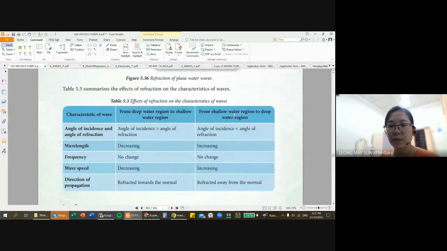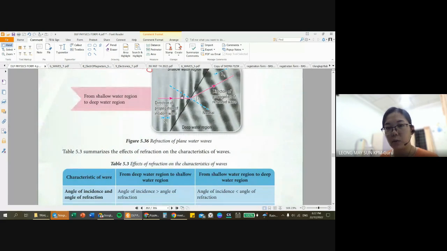When it's moving from shallow region to deep region, number one, the incident angle is smaller than the refracted angle. So look over here. This is the incident one between the normal line, which is normal to the boundary of the shallow and the deep region, and the incident wave. The angle between the normal line and the incident wave is the incident angle. The refracted angle is between the refracted wave and the normal line.